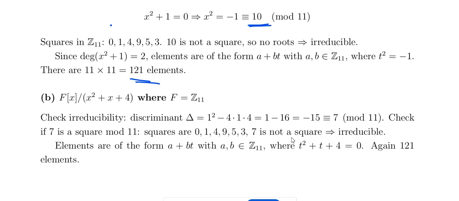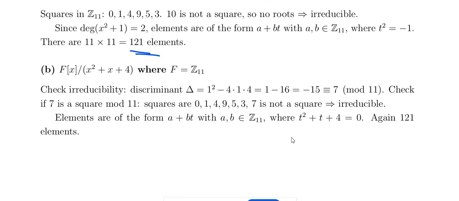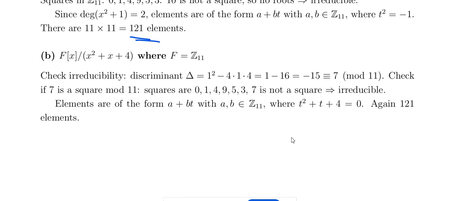In the same way, f of x divided by x square plus x plus 4. Here f equal to Z11. When you try to find the discriminant, that is b square minus 4ac, that is 1 square minus 4 into 1 into 4, equal to minus 15.